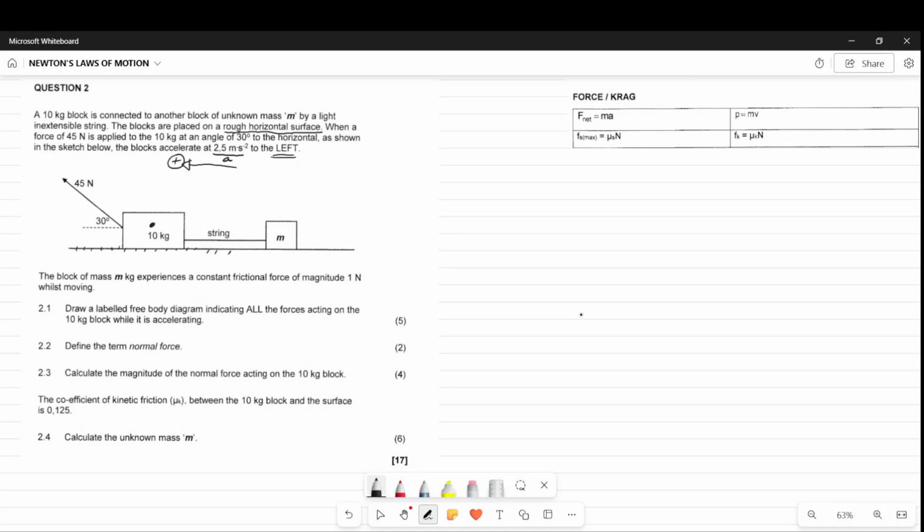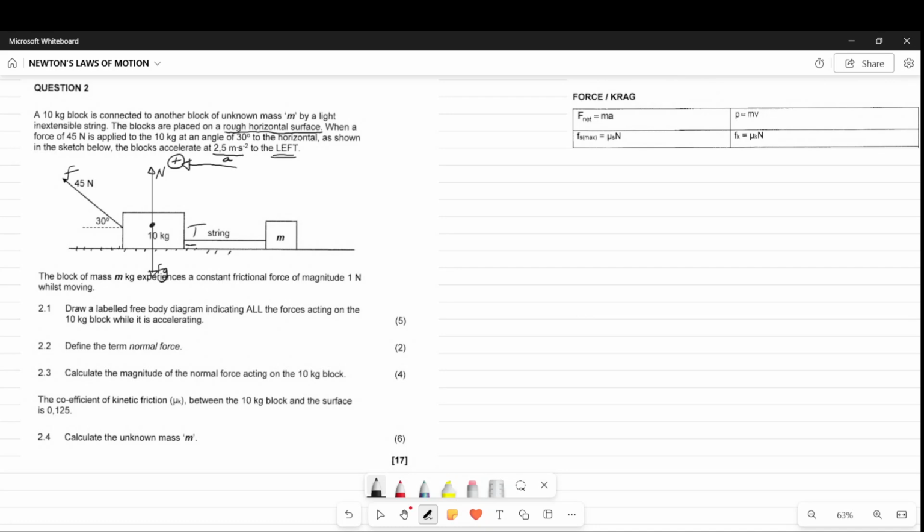We put a dot here. On the question paper I advise you to do this. Since the block is on a surface, we get a normal force. Over here we have Fg. Over here is the tension in the string, which we call T, and this is the applied force.